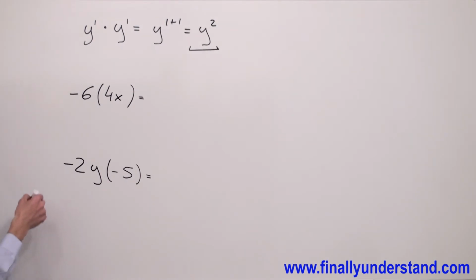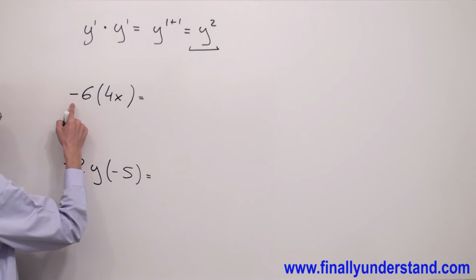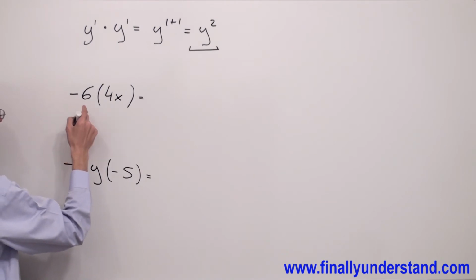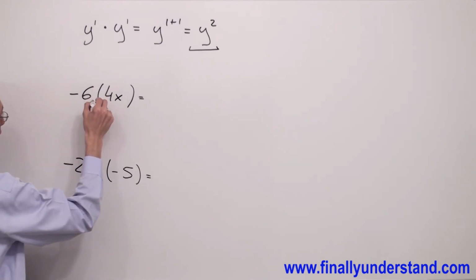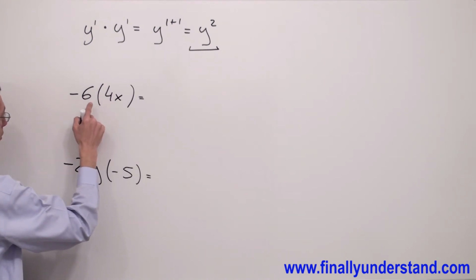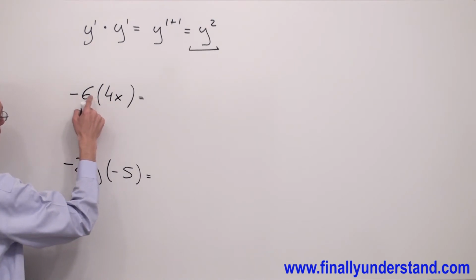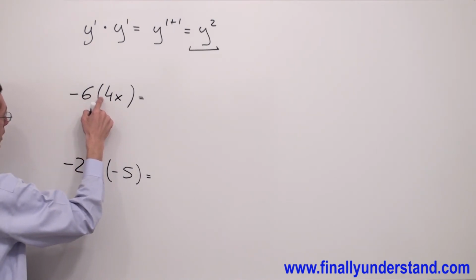Next, first I have to multiply the signs. Remember, anytime I have brackets between two numbers or between two signs, it's like having multiplication. Okay? Anytime I do not see any sign inside of the parentheses, there is always a positive sign.